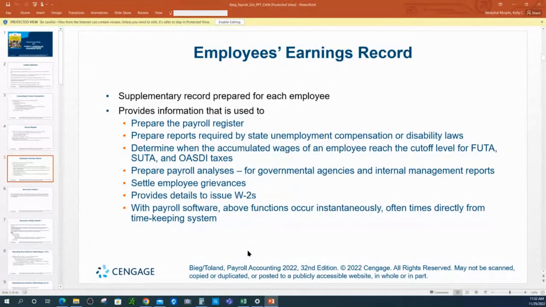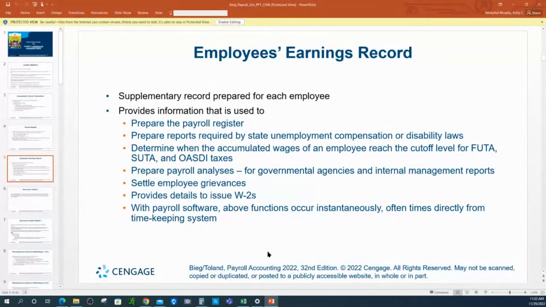As you noticed when we were working on SUTA and FUTA calculations, because we've got those wage bases that we're working with, we have to know how much each employee has earned cumulatively at any point during the year.